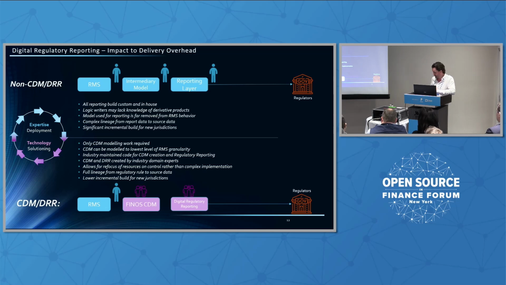We're actually implementing 4 asset classes: credit, rates, equities, FX. We haven't found any significant gaps in CDM at all. We've been able to model all of our products to the extent required by the regulator, which has been fantastic. And obviously, if you were to start using DRR now, you've got 4 or 5 jurisdictions already available, soon to be obviously 5.